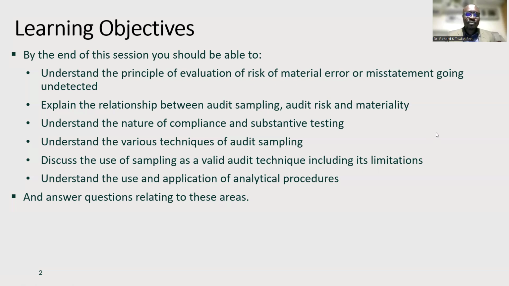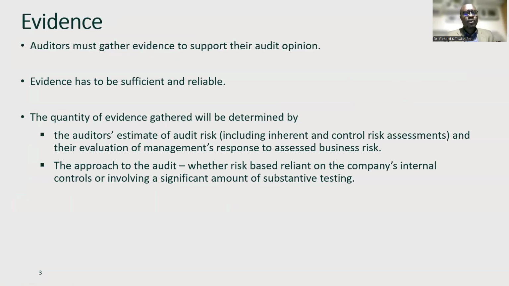Let's move on. Evidence, like we said, should be reliable, should be sufficient, and of the right quality and quantity to support our audit opinion. Now, the quantity of evidence will be determined by the auditor's estimate of the audit risk, including inherent risk. Remember we said audit risk is a function of what?